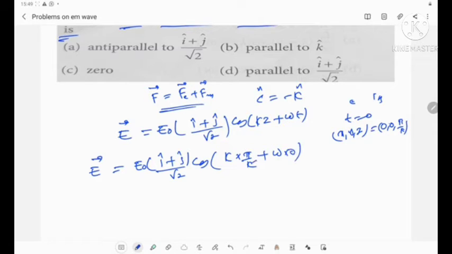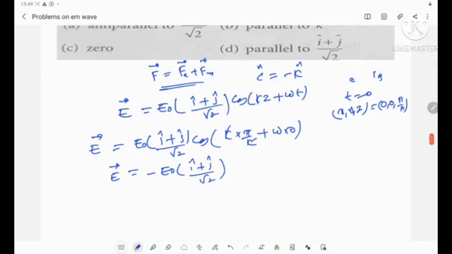Here k cancels, and cos 180 is minus 1. So E bar is equal to minus E naught into (i cap plus j cap) by root 2.